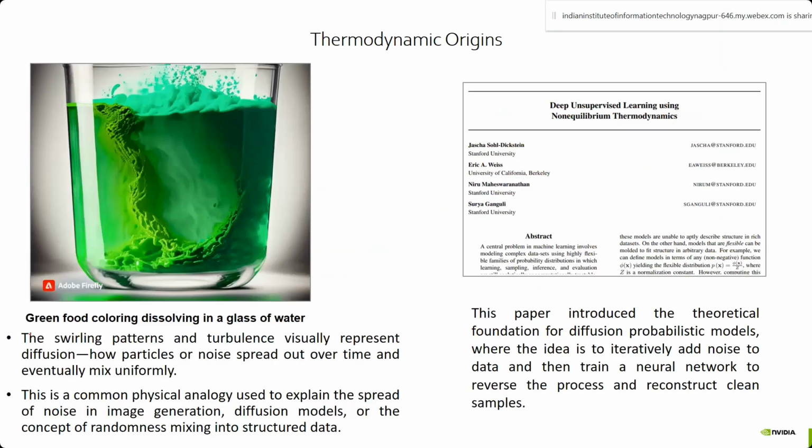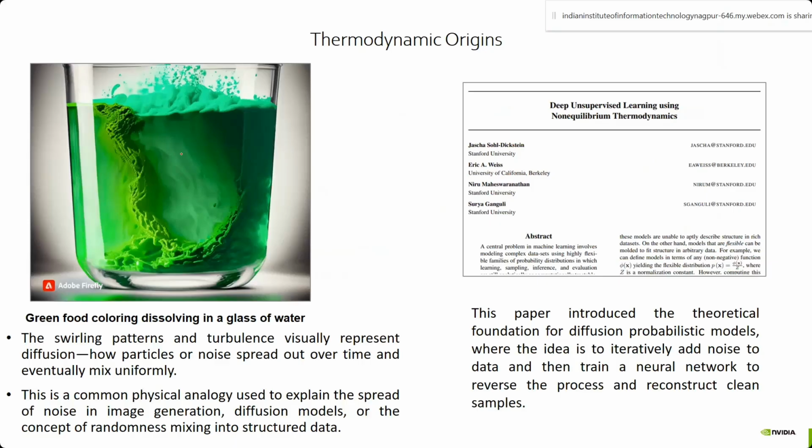So what was the idea? If you drop food color into a glass of water, it will go on dissolving until the water becomes completely green colored, or takes the color of the food. Here the swirling patterns and turbulence visually represent diffusion.